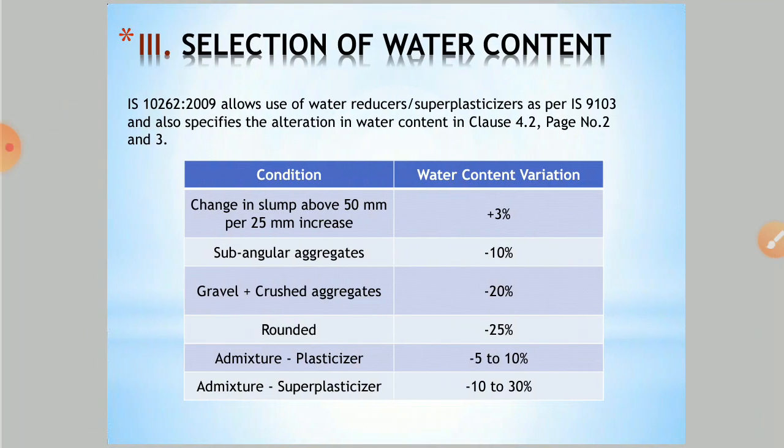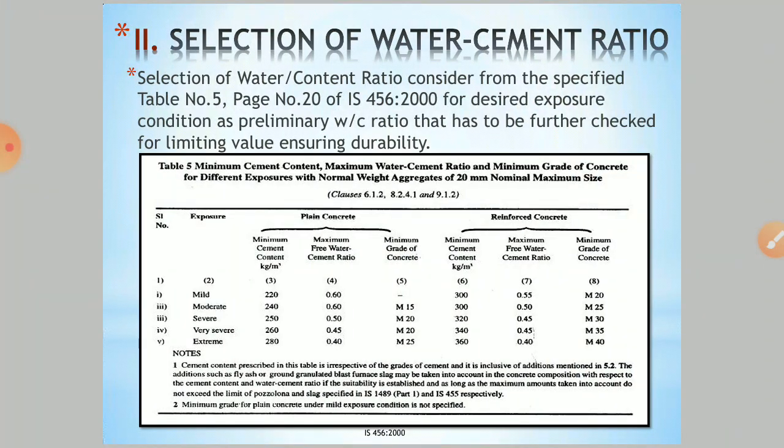We will see from this table that we can get the water cement ratio. Suppose we are considering M20 and the water cement ratio given is 0.45, and the exposure condition we will consider severe, depending upon the exposure condition, meaning your location.